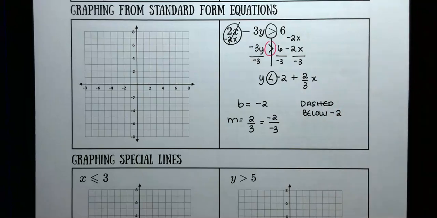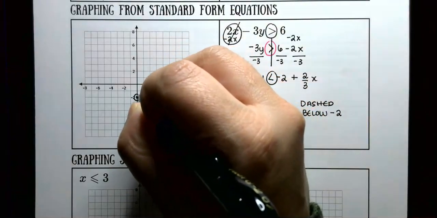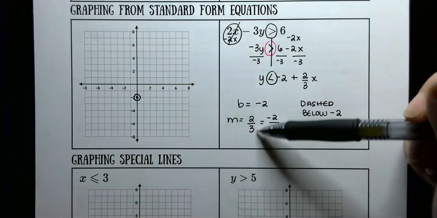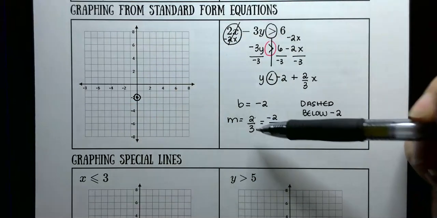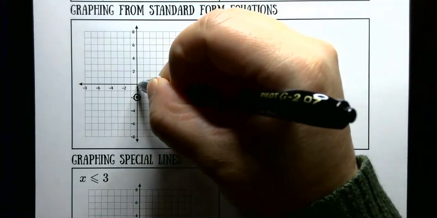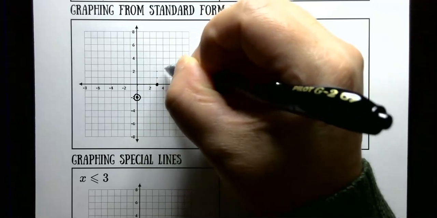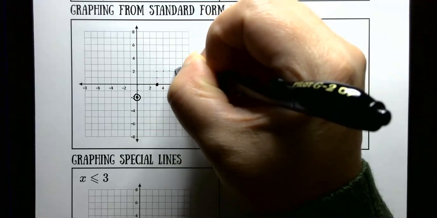All right, with that being said, let's go ahead and jump into it. Our negative 2 on our y-axis is right here. According to the slope, we're going to go up 2 and over to the right 3. 1, 2, 1, 2, 3.